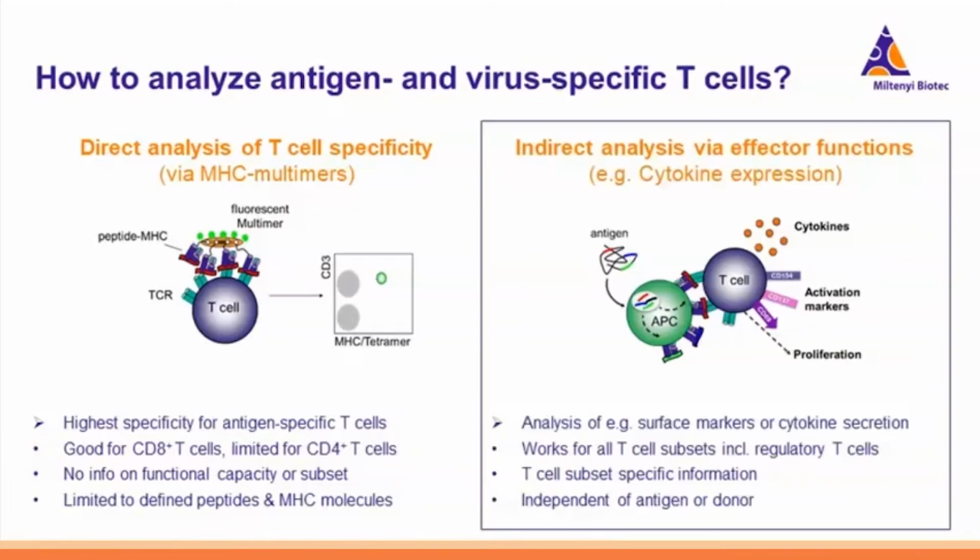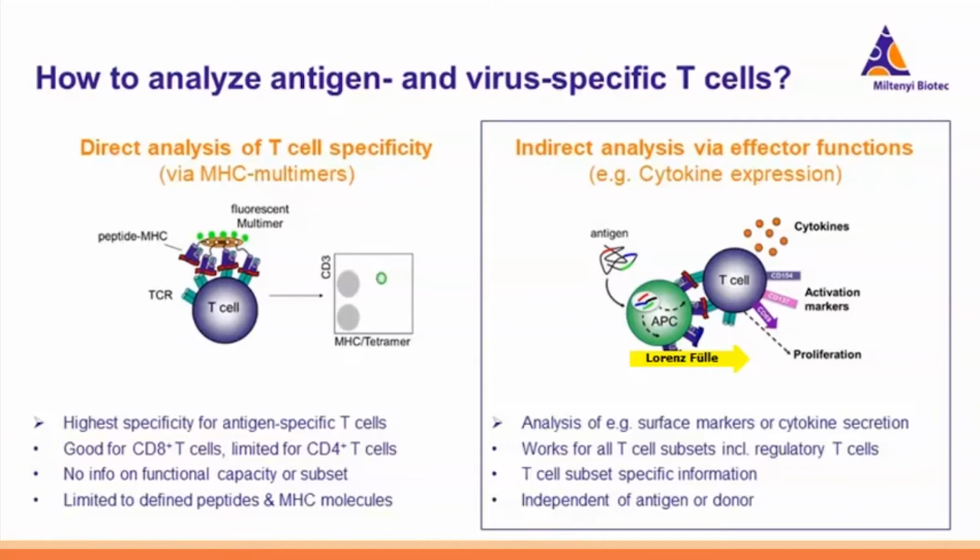Second, there are the so-called indirect analysis methods, which focus on the analysis of various effector functions. For example, the expression of certain activation markers such as CD69, CD137, or CD154, or cytokines like interleukin-2, TNF-alpha, or gamma interferon can be analyzed. Of course, proliferation or cytotoxicity could also be easily analyzed using flow cytometry.